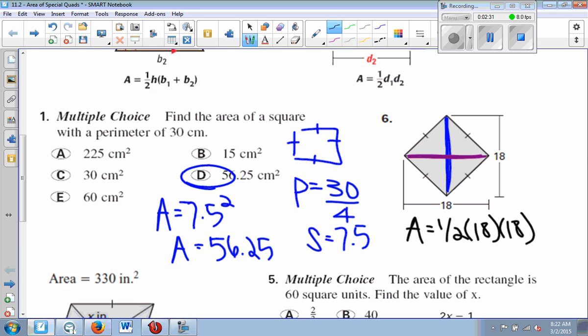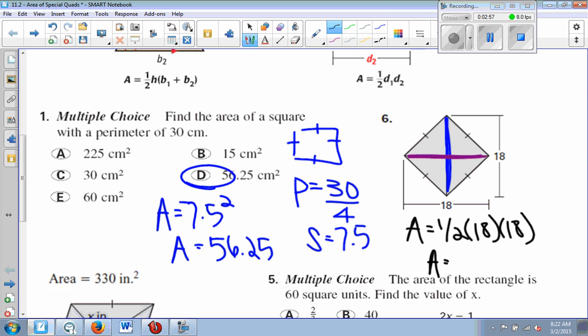Now, something I noticed in our last unit when we did area of a triangle with trig is that some of you were taking 1/2 times 18 and 1/2 times 18. You were doing like distributive property. That's not what you want to do when it's all multiplication. You just want to multiply straight across. So all you're going to do is take 0.5 and multiply by 18 and multiply by 18.